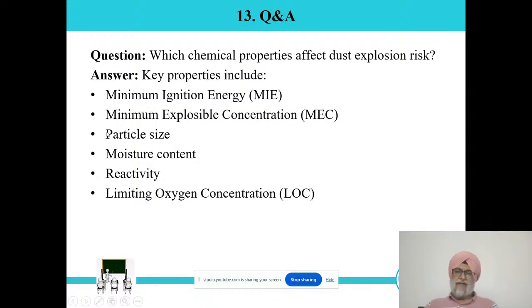It's like a pentagon, you can say. Particle size should be less than 500 micron. For IC, I think it's less than 450 micron, which is explained in the international webinar. Moisture content, if moisture is more, it will reduce the explosivity. Reactivity, of course, is there, and limiting oxygen concentration. So these are the key properties leading to dust explosion risk.